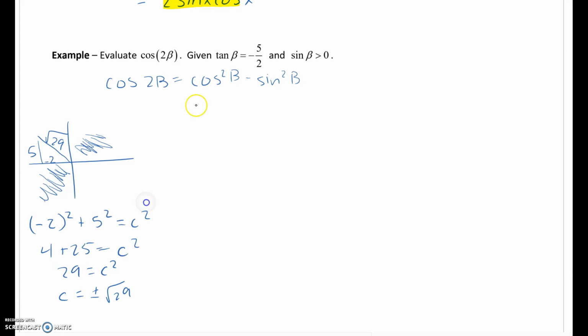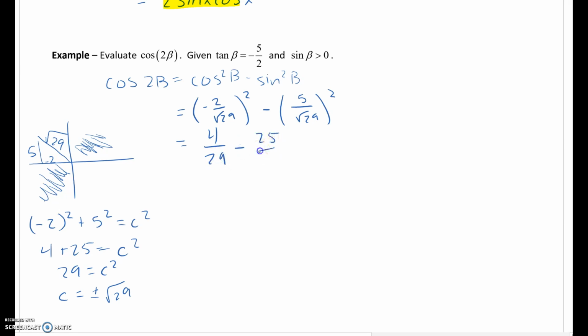So cosine of that triangle is negative 2 over the square root of 29, and I want to square it. Minus sine is 5 over the square root of 29, and we're going to square it. So that gives me 4 over 29 minus 25 over 29, which is negative 21 over 29. And that is your answer for that one.